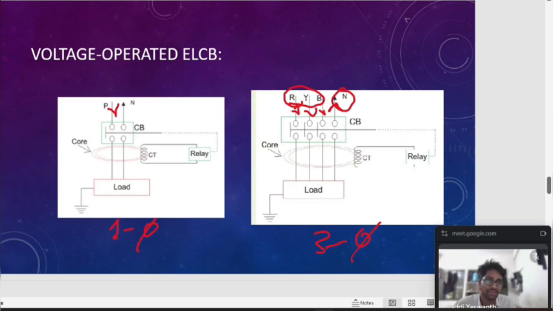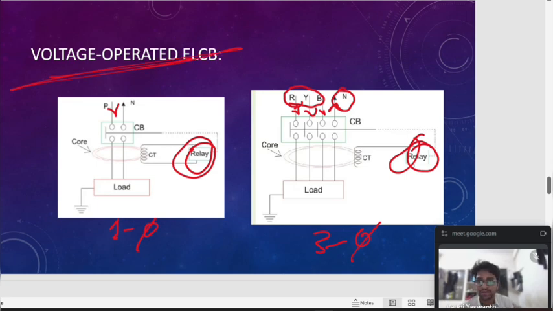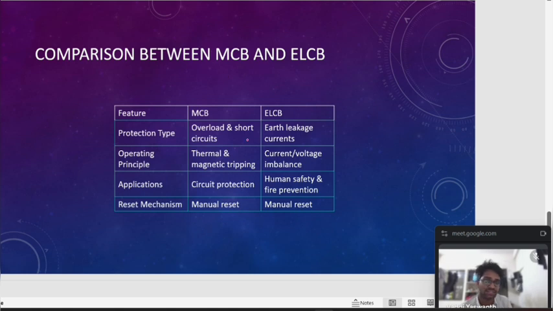R is red, Y is yellow and B is blue. The working principle is the same here also: if the incoming current is not equal to the current in the neutral, then there will be a leakage of current that is going to be detected by this core, and this relay is a voltage operated device, and hence this total circuit is known as voltage operated ELCB.